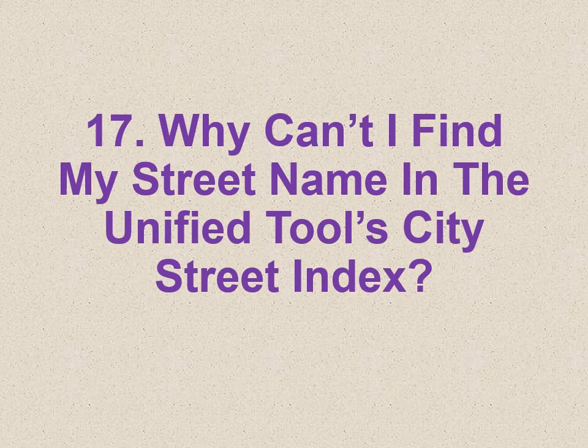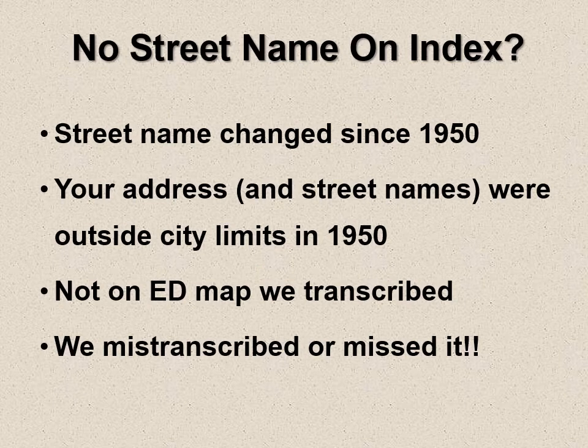FAQ 17: why can't I find my street name in the Unified Tools city street index? Well, we could have made a mistake. We could have mistranscribed the street. And so you can look at some of the other names on the index, and maybe you'll see one that looks like it might actually be that. So why don't you have a street name on the index?